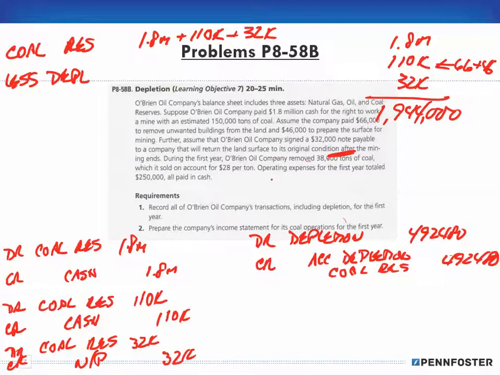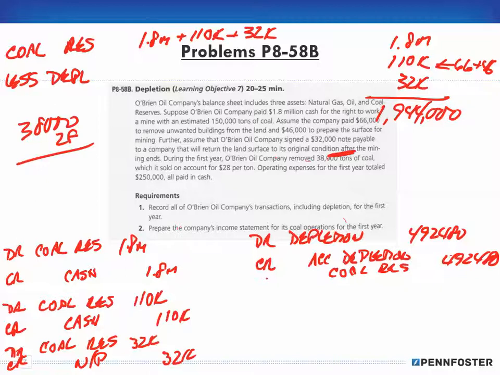Okay, now it says that the 38,000 tons was sold on account, right, for $28 per ton. So 38,000 times $28 per ton is $1,064,000, right?